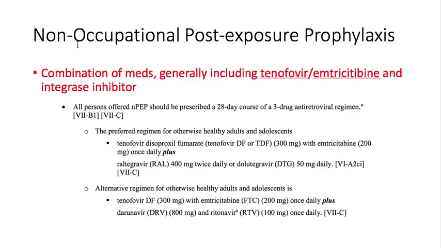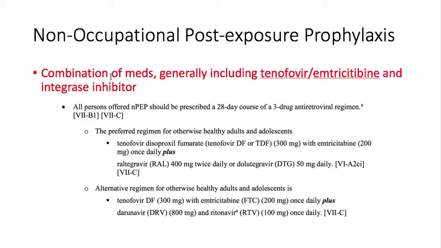Lastly, for the next couple slides, non-occupational post-exposure prophylaxis can be given in individuals who have received non-occupational exposure, generally unwanted sexual intercourse or sexual intercourse that the individual is concerned about developing HIV from a partner of unknown status.